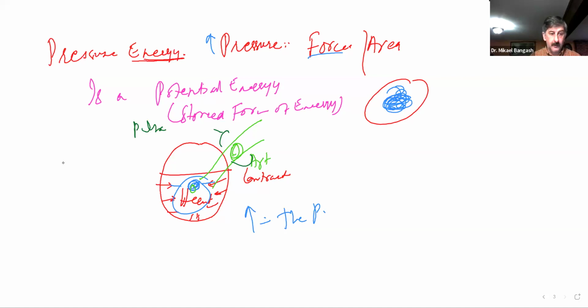Before, that blood was pushed in, and this artery here would have been offering some sort of resistance.